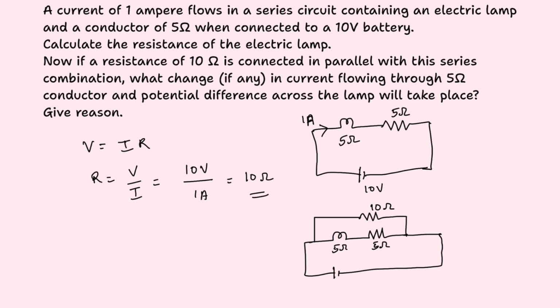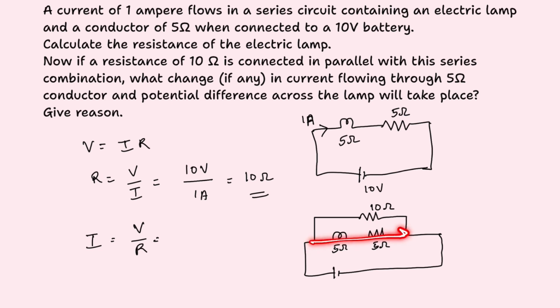Okay, and so let's try to find out what's the current flowing through this and this. In order to find the current flowing through this one, we need to find out from Ohm's law again, I is equal to V by R. Now, what is V across these 2 points?